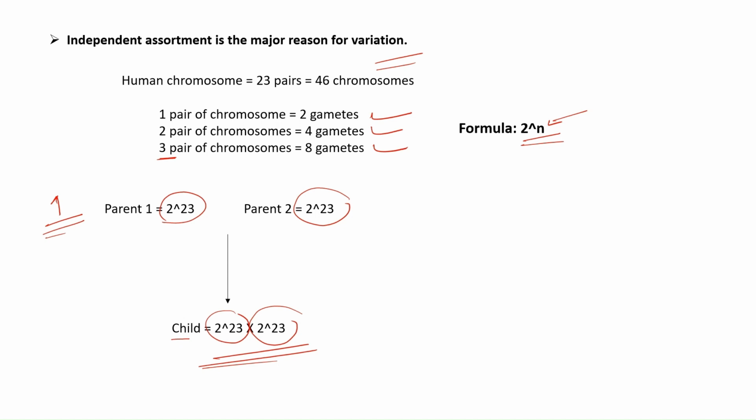Why so many variations are present in a population. Why I don't look like my brother, or we don't look like each other. Because from a single parent pair, this amount of variation is possible. So independent assortment is the main reason for variation in nature.